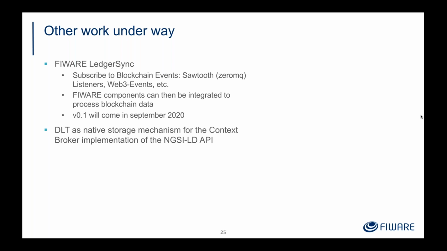This will be useful, for instance, if you were planning to perform certain AI processing or big data analysis, and therefore, by means of transferring or translating part of the data that is on the blockchain into FIWARE space, you will be able to combine and process that data using the rich portfolio of components that FIWARE brings.